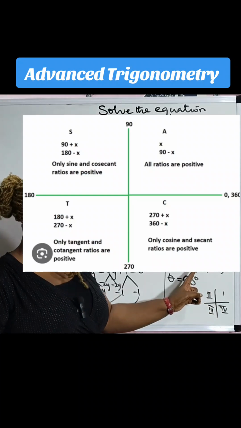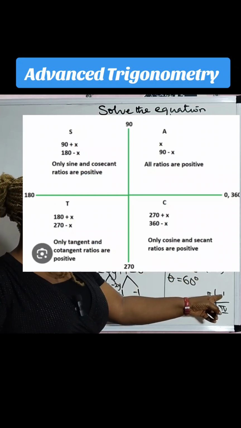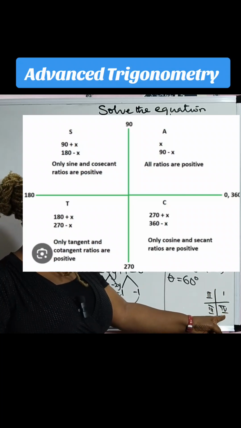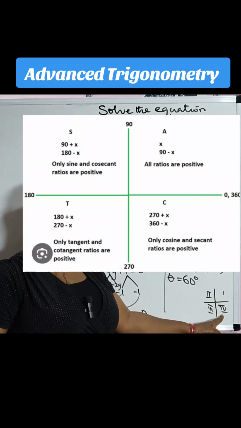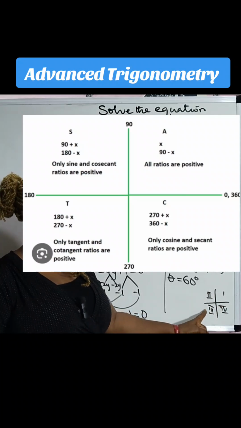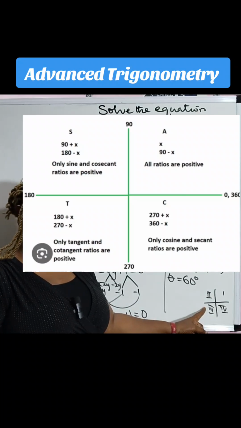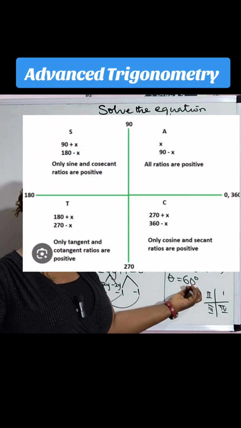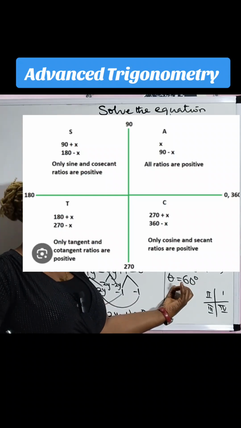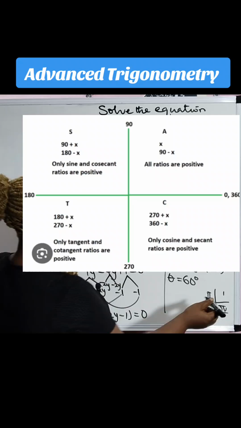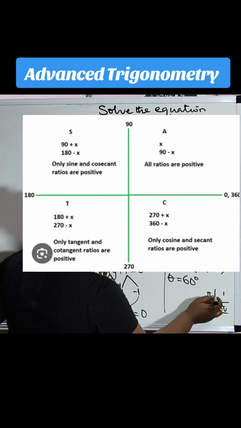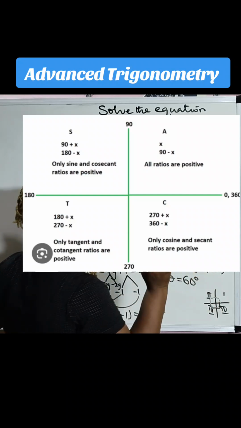Cos theta is positive in the first quadrant and in the fourth quadrant. In the other quadrants like 2 and 3, cos theta is negative. So we are going to find another value of theta. Okay, so remember here we have 90, 90, 90, 90. So 90 times 4 is 360.